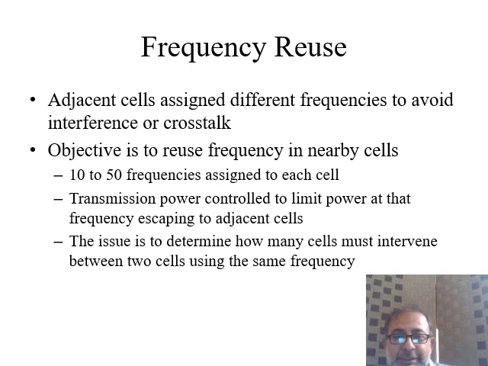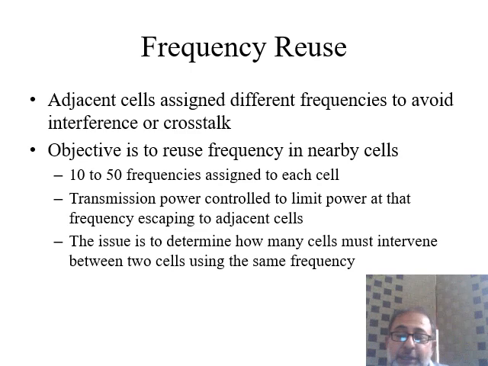So adjacent cells are assigned different frequencies to avoid interference or crosstalk. The objective is to reuse frequency in nearby cells. 10 to 50 frequencies are assigned to each cell. Transmitted power is controlled to limit the power at that frequency escaping to the adjacent cell.